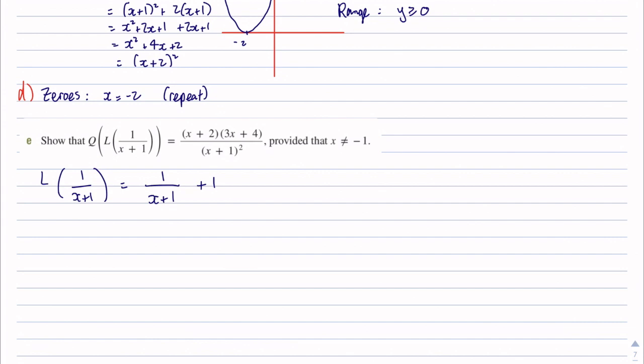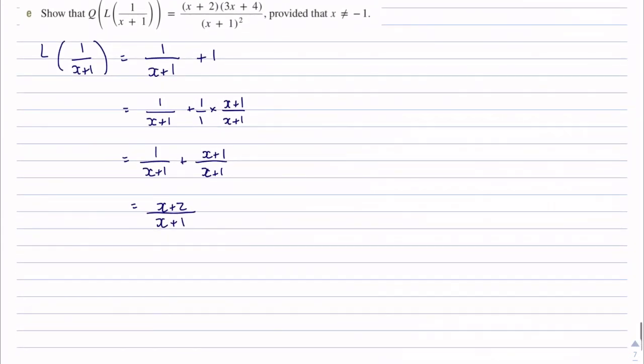Now, I want the lowest common denominator, so I've got 1 on x plus 1 plus x plus 1 on x plus 1. Don't forget 1 is the same as 1 over 1. Add the tops together, I get x plus 2, bottoms are the same, x plus 1.